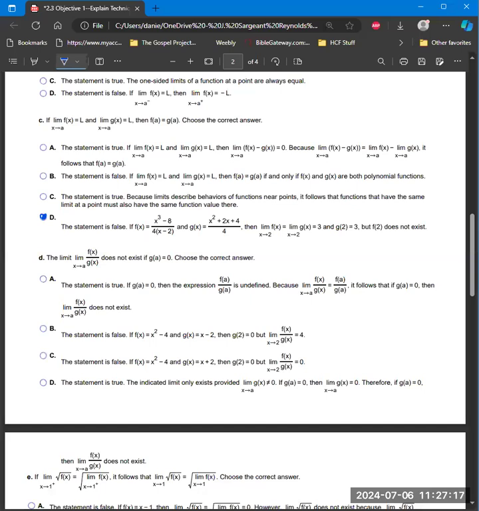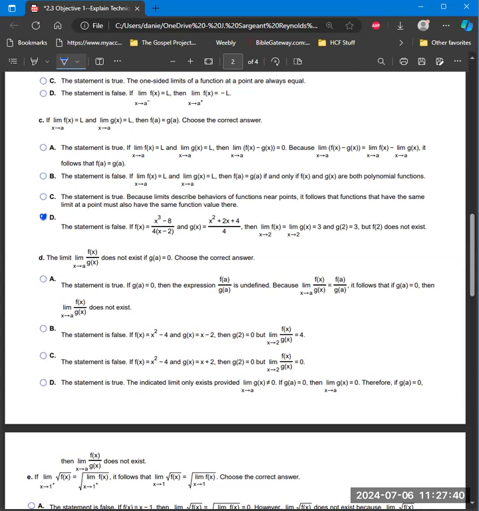The limit of the quotient of f of x over g of x as x approaches a does not exist if g of a is equal to 0. That's not quite right either.